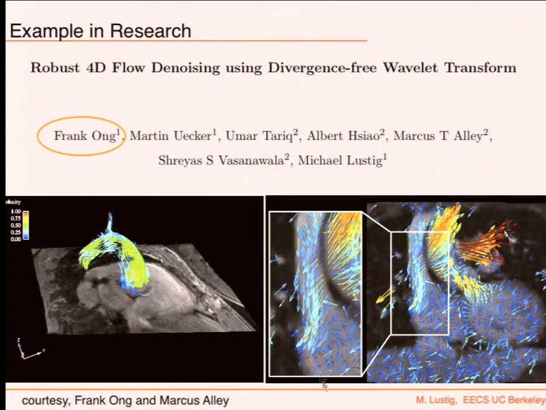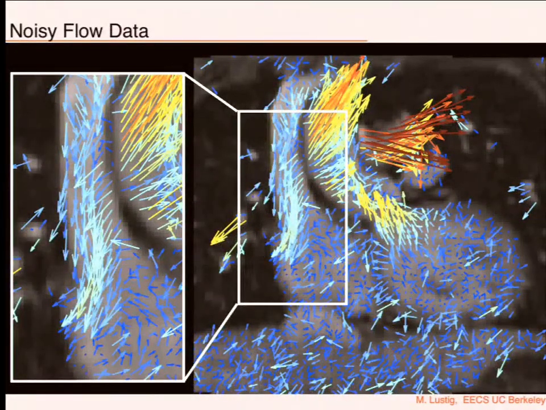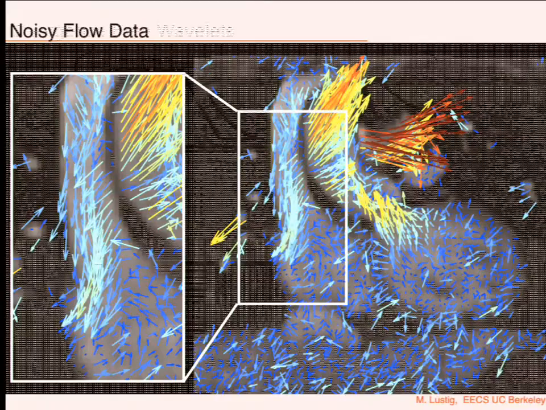And the problem is that because of noise, they don't really obey the laws of physics. In MRI, in general, blood is non-compressible, so whatever flows in has to flow out. And obviously, when you have noise in the field, it doesn't obey this. So we were looking at ways to denoise that by imposing on the reconstruction that the flow needs to have zero divergence. Whatever flows in has to flow out.